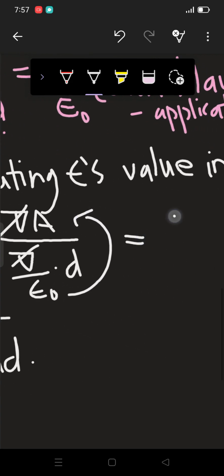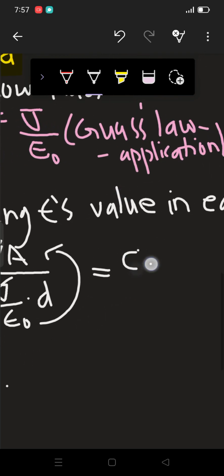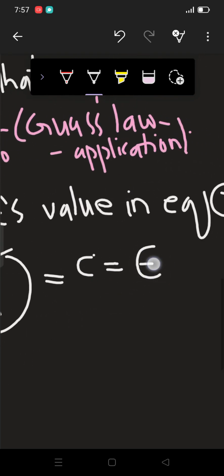So here we got that C is equal to epsilon naught into A per unit D. This is what we have got till now.